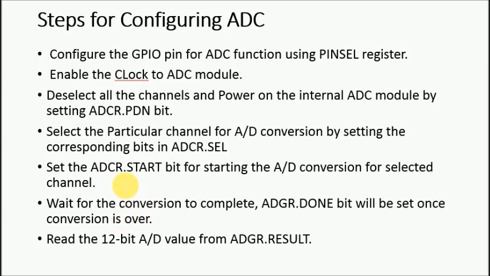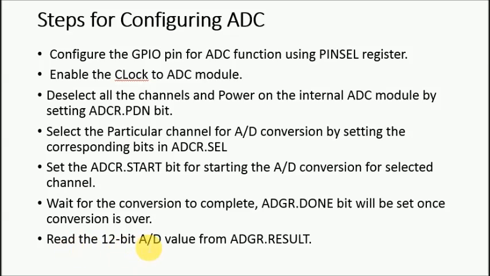Now set the ADCR.START bits for starting the AD conversion for the selected channel. Then wait for the conversion to complete; the ADGR.DONE bit will be set once the conversion is over.